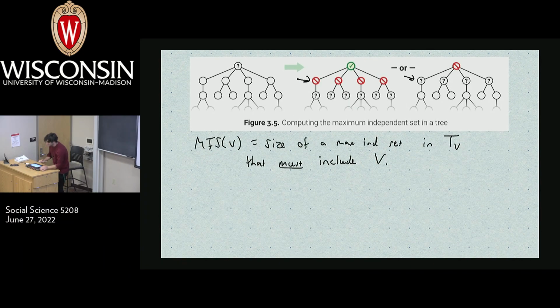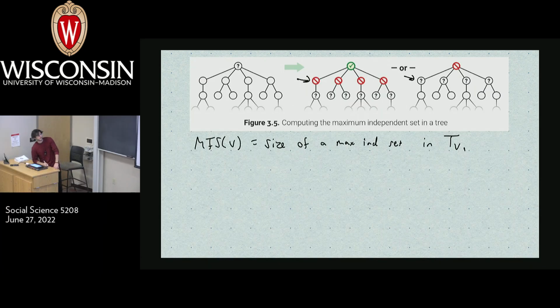Now, we have to include V, so we're kind of restricted if we do this. If we have to include V, then we always have to skip the neighbors, right? So for this problem, we actually don't want to do that.